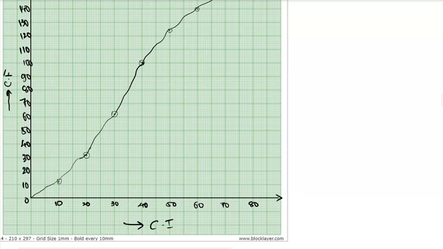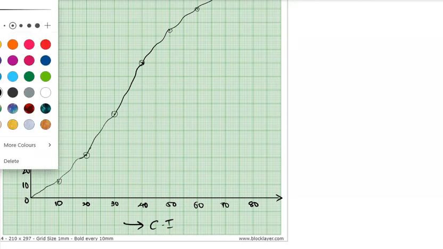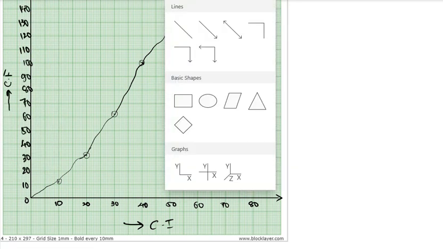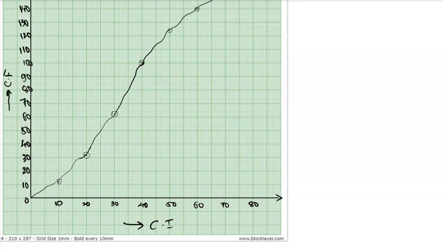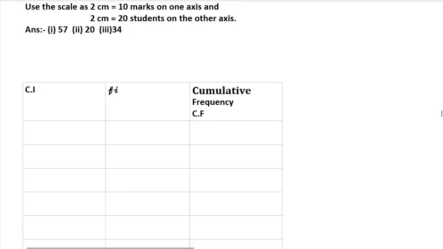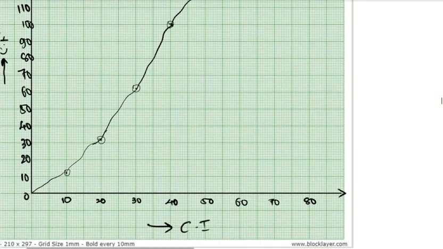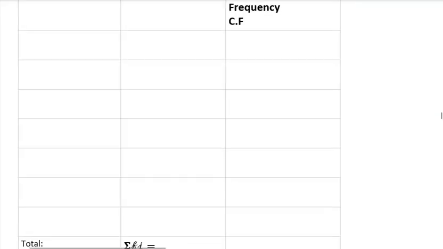For that, I'm just going to go thinner over here and select my shape as a line. The 80th point is exactly this one. Let me zoom in. Zoom in is required over here. One more zoom in.